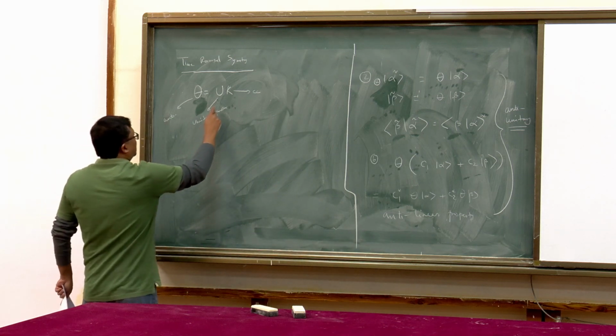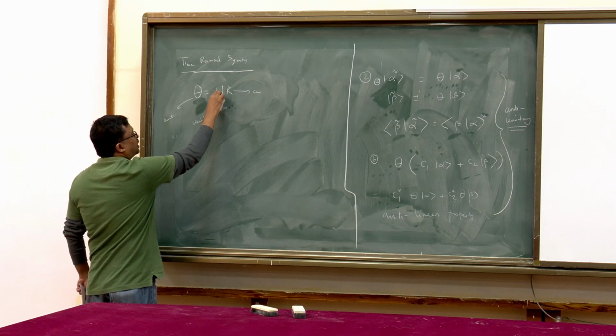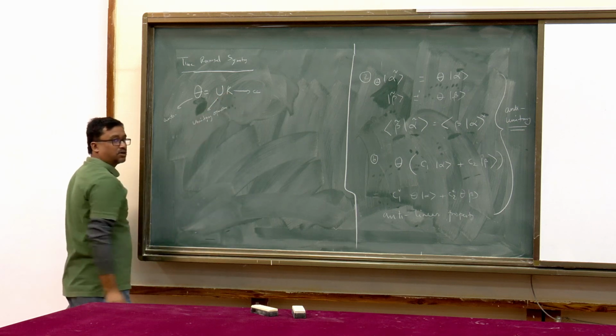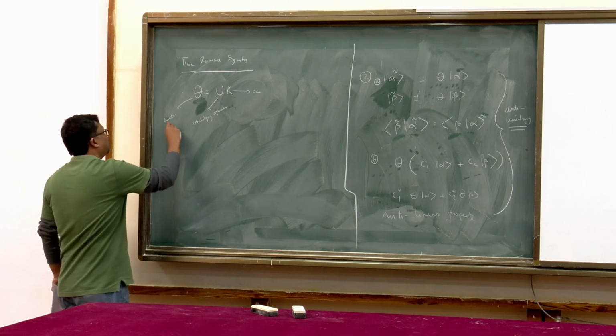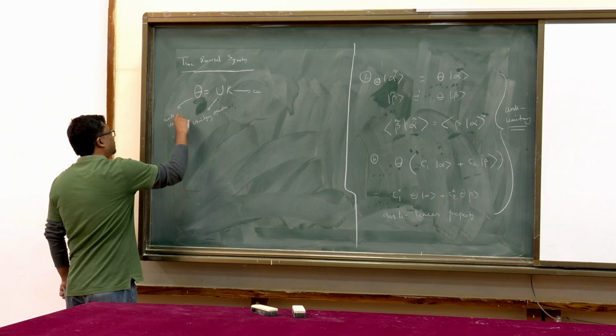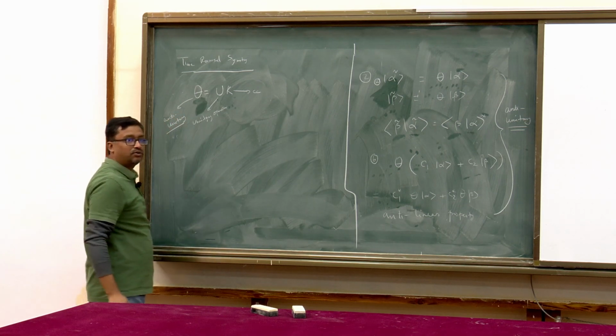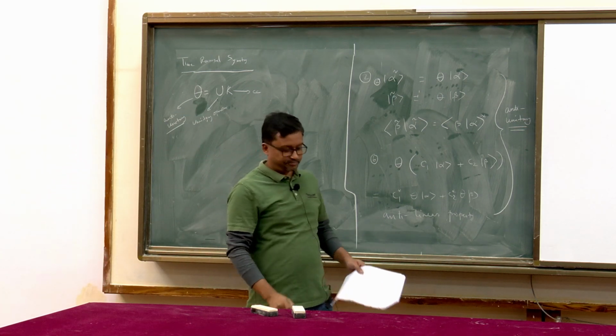So, our claim is that if I take a product of a unitary operator and a complex conjugation operator, then that product will be an anti-unitary operator, and we will show that that is true. Okay.